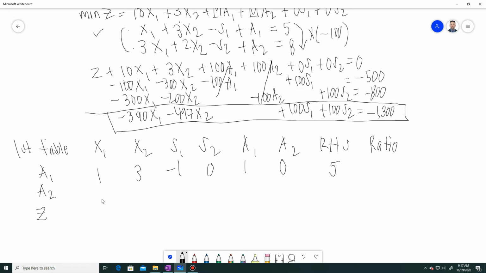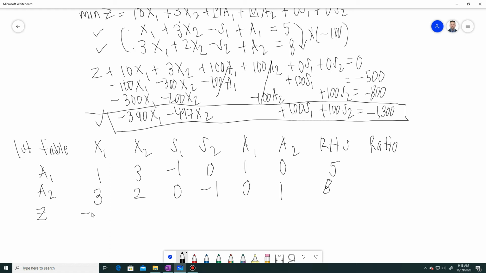For the a2 row, similarly, we will refer to this. We have 3, 2. S1 is 0. S2 is negative 1. A1 is 0. A2 is 1. Right hand side is 8. And for the z, we will refer to this one.